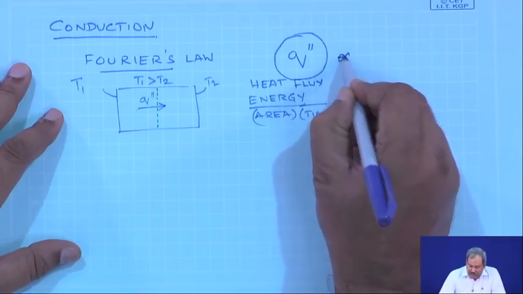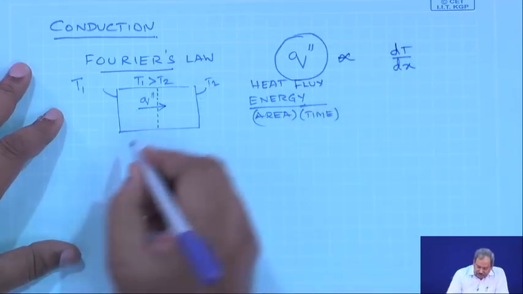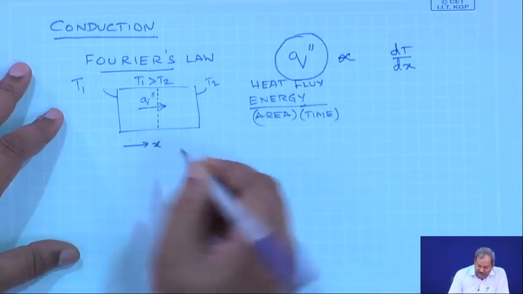So, in this way, Fourier's law is a phenomenological law which tries to express the phenomena that you observe over a large number of systems, a large number of temperature drops. Interestingly, what is observed is that this q, the heat flux, is proportional to dT/dx, where this direction is x.